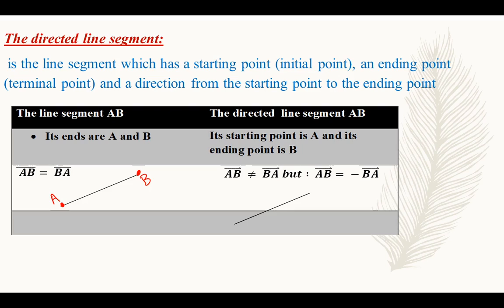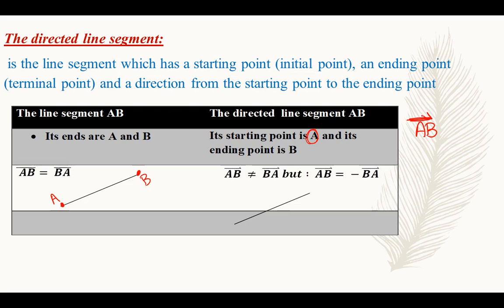But if we are talking about the directed line segment AB, its starting point is A and its ending point is B, and it is denoted by AB with a half ray on top.